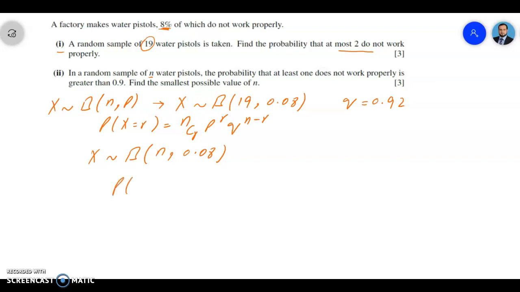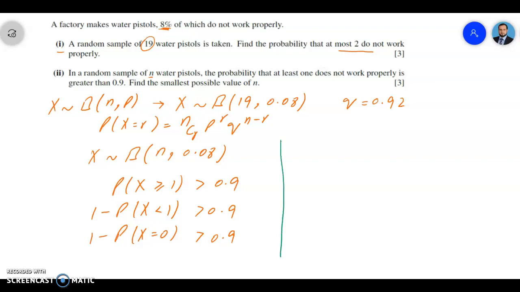It says the probability that at least one does not work properly, so the probability of x greater than or equal to 1 should be greater than 0.9. Probability of x greater than or equal to 1 is 1 minus probability of x less than 1, so 1 minus probability of x equal to 0 is greater than 0.9.